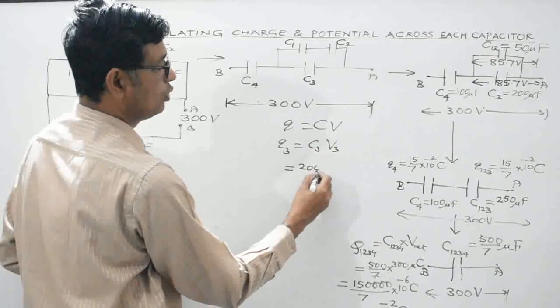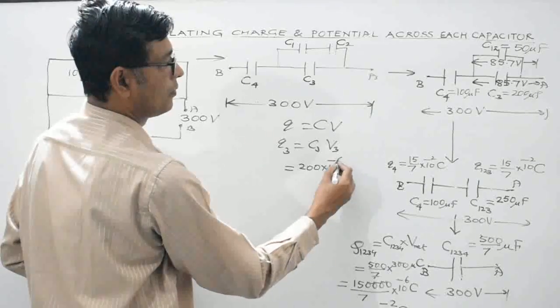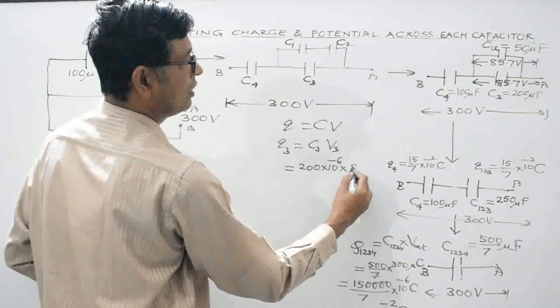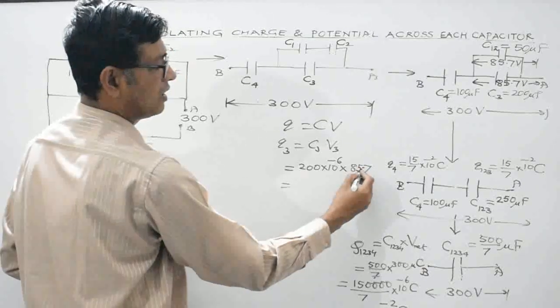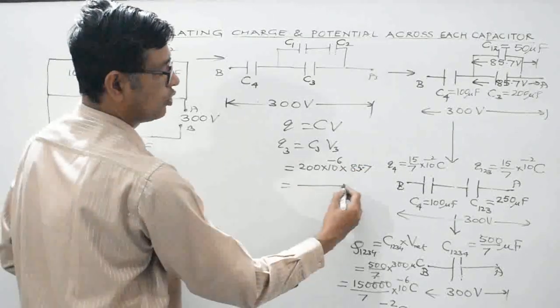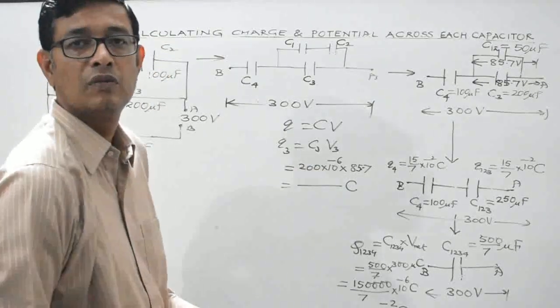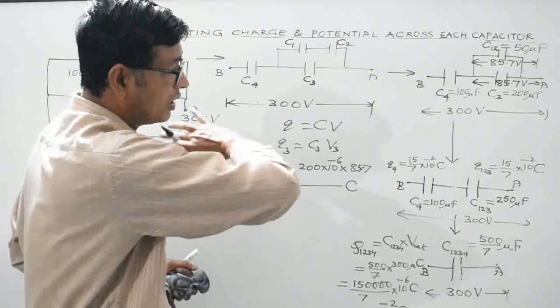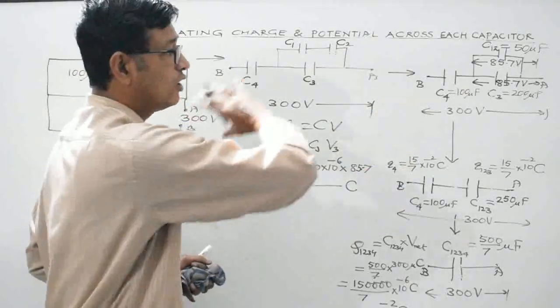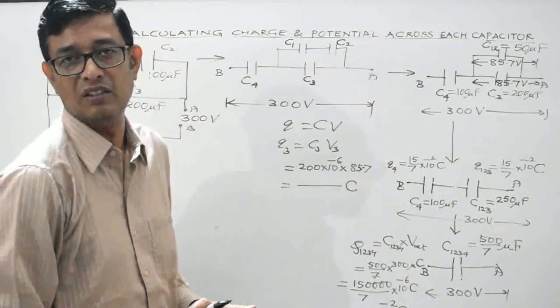So it is 200 microfarad and V3 is 85.7. Or it can be written in fraction, whatever you wish. So it will be in coulomb. This is left as an exercise for you. I am just trying to convince you the method or the way to approach such numericals. Right?